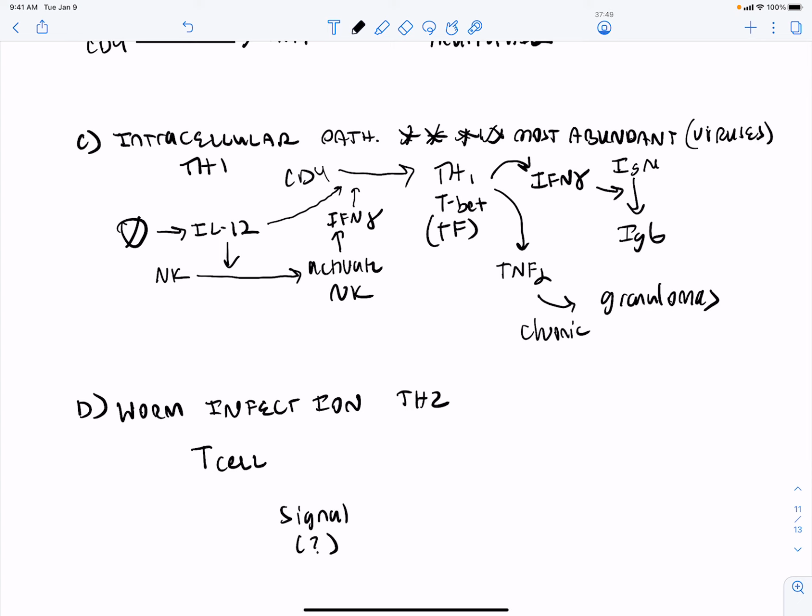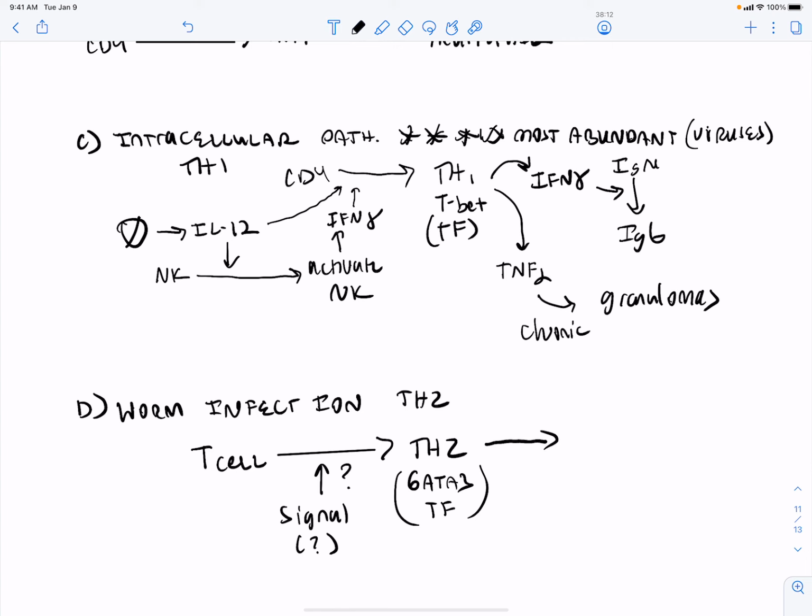It might be your basophils. It could be that you just don't have IL-12 and interferon gamma, so you default back to a Th2. But whatever it is, you get your Th2 cells. This has GATA3 as a transcription factor. And then this is going to lead to IL-4 release. And this is going to cause your switch to IgE.